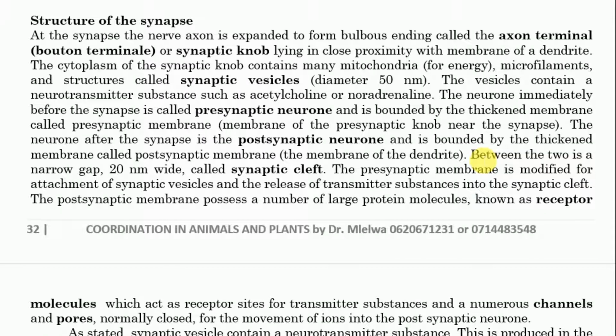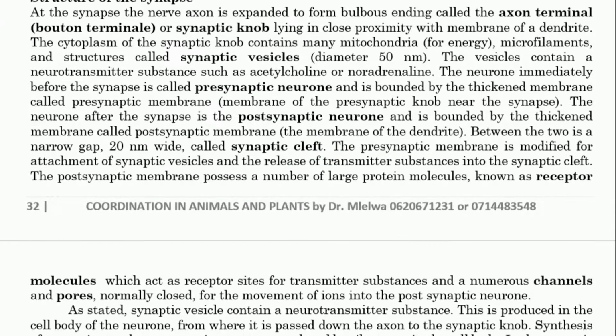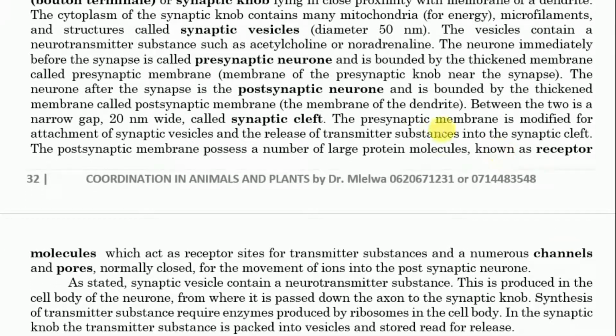Now between the two is a narrow gap, about 20 micrometers wide, called the synaptic cleft. As we said before, the synaptic cleft only exists in the chemical synapse. The presynaptic membrane is modified for the attachment of synaptic vesicles and the release of transmitter substance into the synaptic cleft.